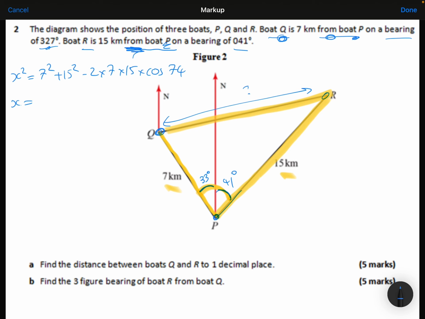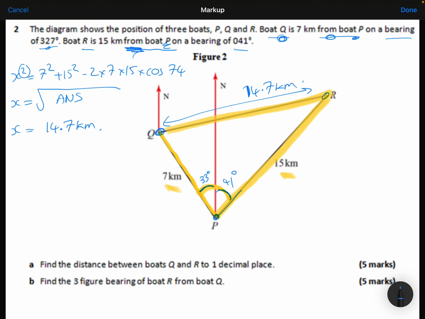If I then do the square root of all of that, because obviously x squared is equal to all of that, so I need to square root to get x, then I find that x is 14.7 kilometres. So that's my answer to part A.